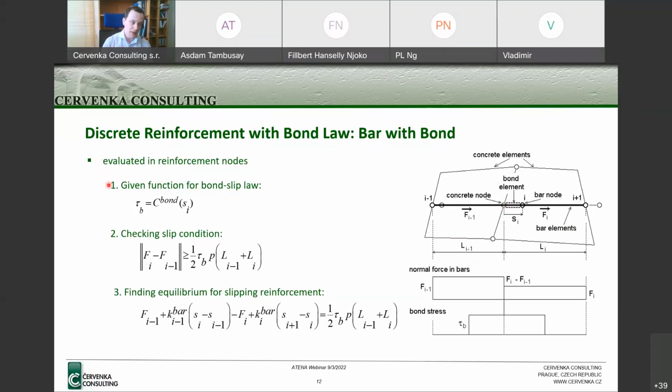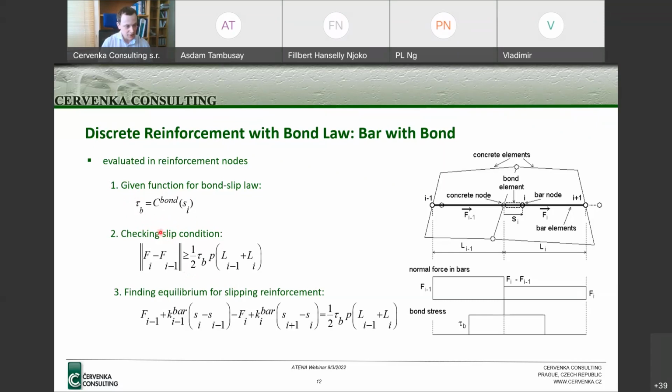This can be inputted into the software as a bond slip law, which is basically a cohesion function that depends on the slip. Then during the solution, we first check if the stress in the reinforcement node exceeded the cohesion.